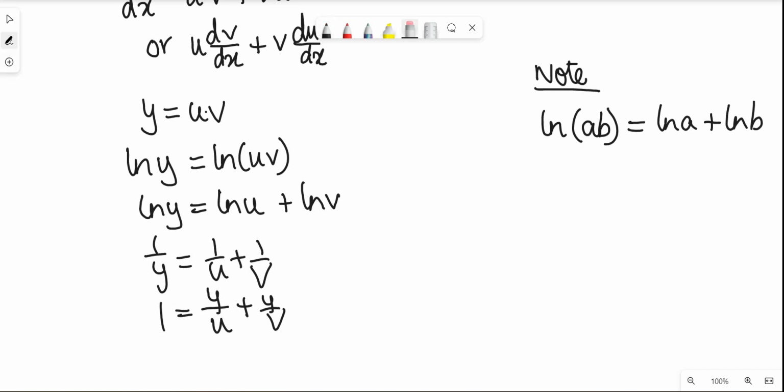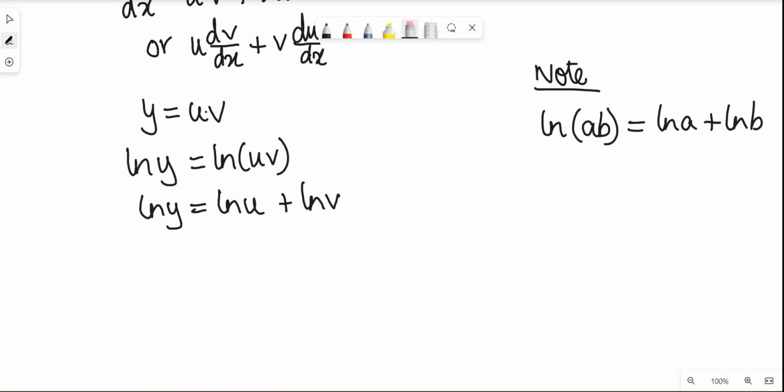Let's backtrack. This line isn't correct. Is there anything wrong with the line before it? No, there's nothing wrong with that line. But what's really wrong is when we differentiated. Remember, we're taking the derivative of this whole equation with respect to x.